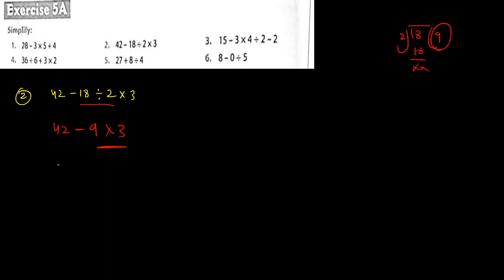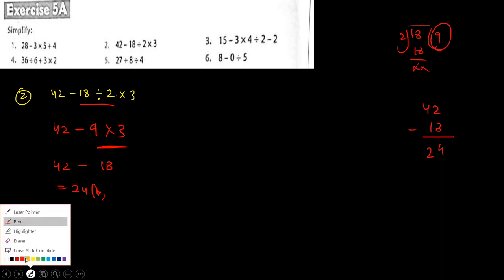Now do multiplication. So 42 minus 9 3s are 18. So 42 minus 18. What is the value of 42 minus 18? 12 minus 8 is 4, and 3 minus 1 is 2. Okay, so 24. Fine, this is the answer.